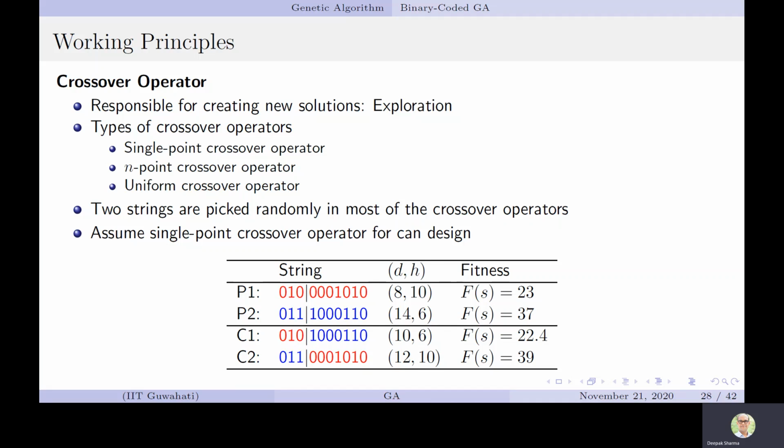Because in another generation, this particular solution will be selected twice by the binary tournament selection, and after performing crossover and mutation, it can generate an even better solution. But if it is generating a bad solution, we should not be worried again. Why? Because this bad solution will be deleted after a few generations by the binary tournament selection operator.